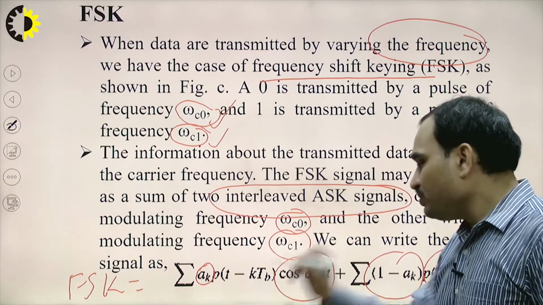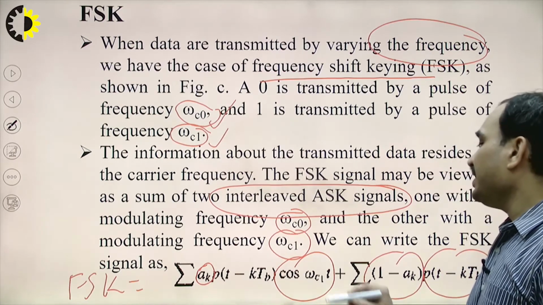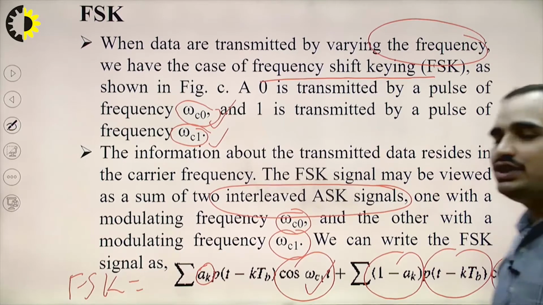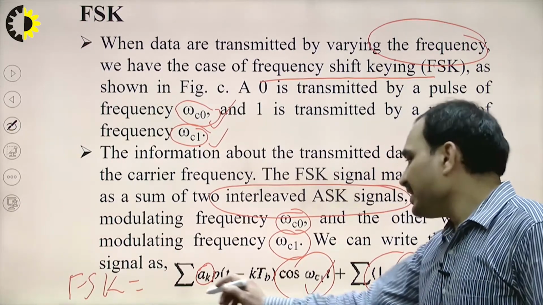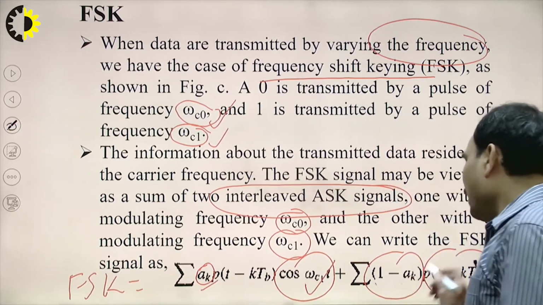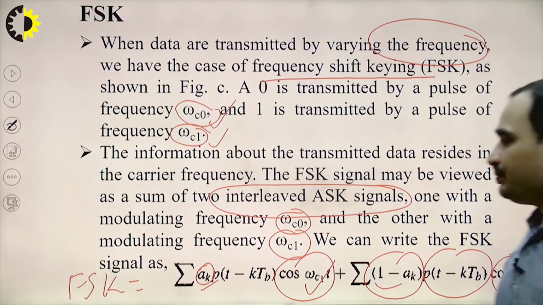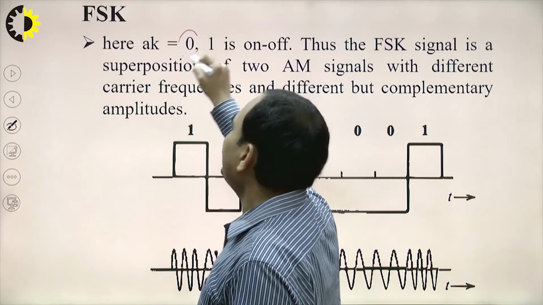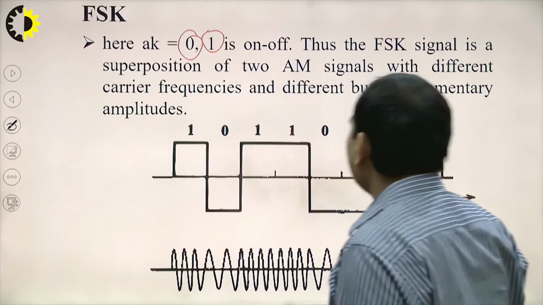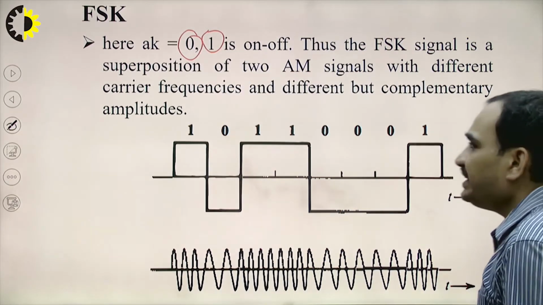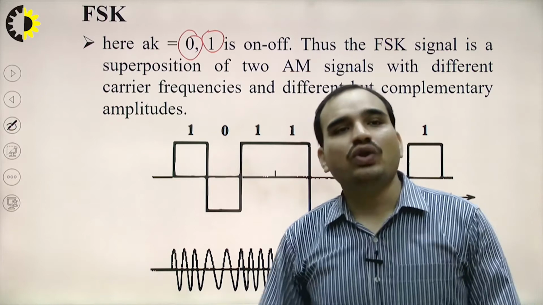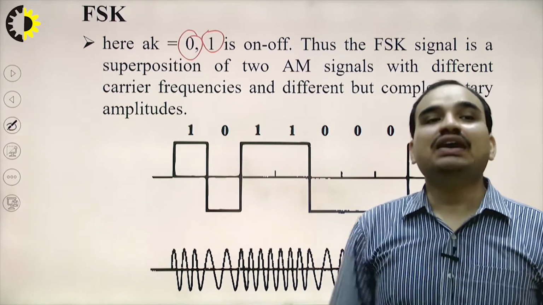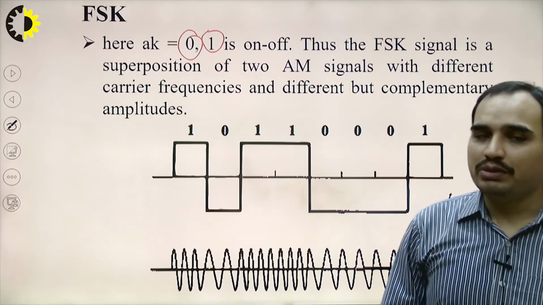As we can observe from this equation, omega C1 and omega C0 represent two different data levels, that is AK and 1 minus AK. So here we have two data levels, 0 and 1, that is on and off. Thus the FSK signal is the superposition of two AM signals with different carrier frequencies and different but complementary amplitude.